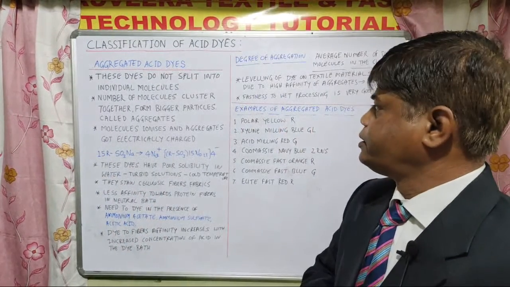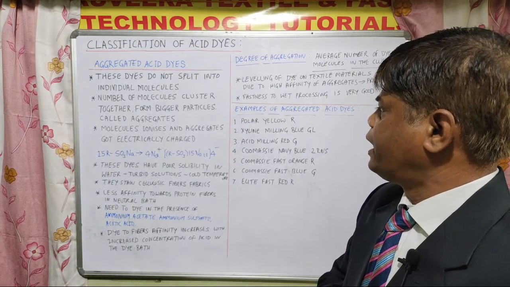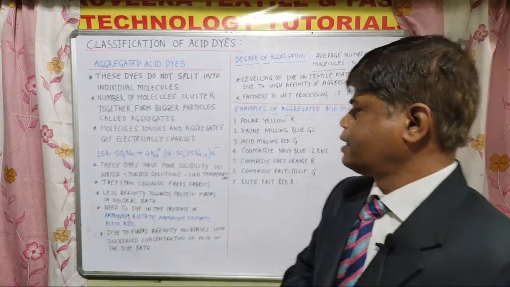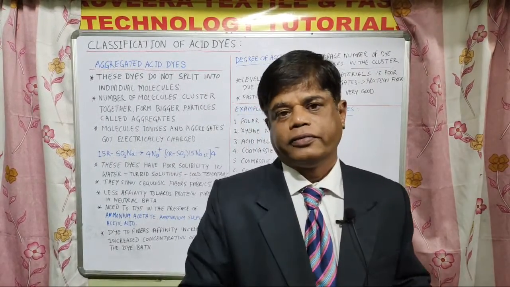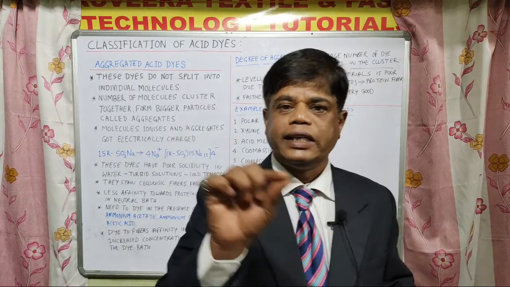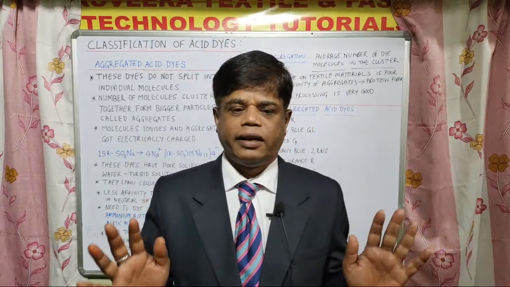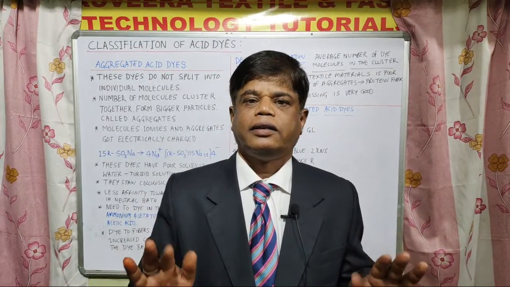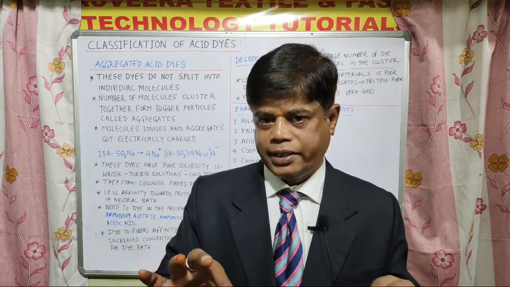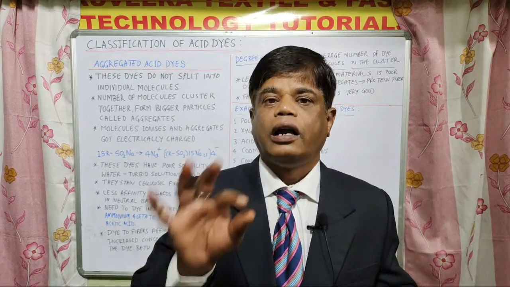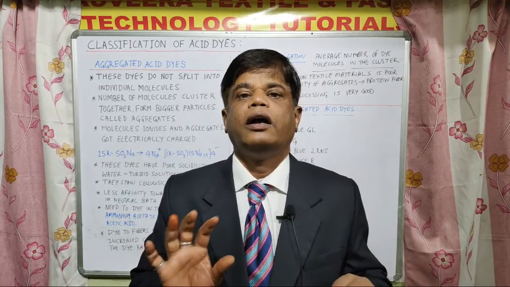The third point is that molecules ionize and aggregates get electrically charged. See, you know acid dyes and basic dyes. The main principle of acid dyes and basic dyes is that dyeing affinity takes place between the dye molecules and the chemical groups of the fiber.